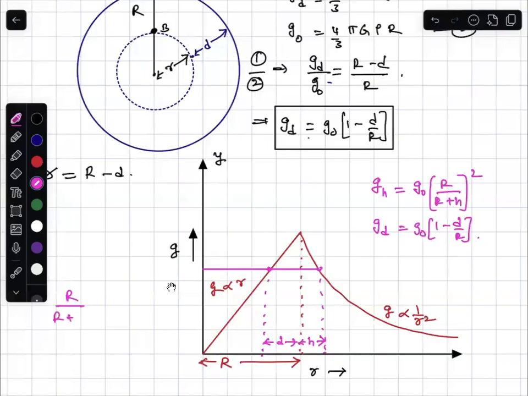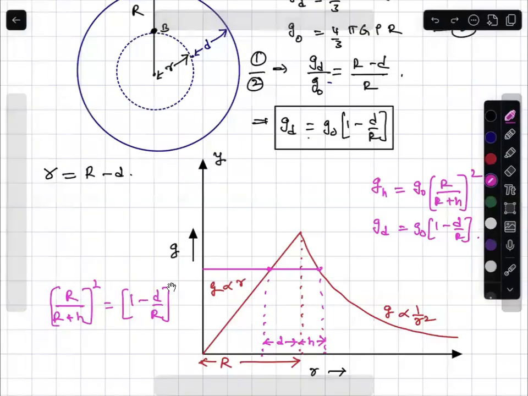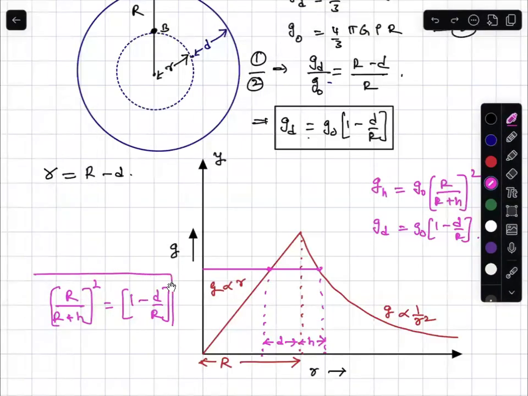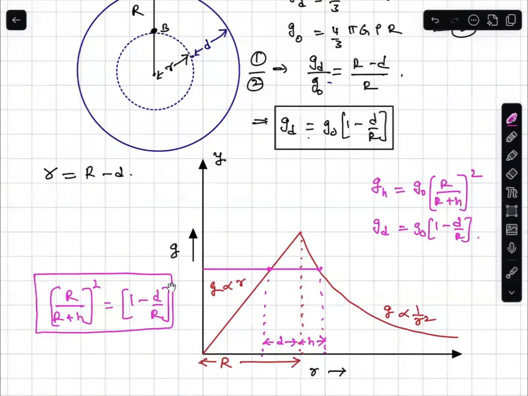(R by R plus h) whole square becomes equal to 1 minus d by R. So for all such h and d that satisfy this condition, the acceleration due to gravity will be the same at that depth and at that height. Any doubts, boys and girls? Are we clear? So g variation with the depth and g variation with the height, we have gone through.